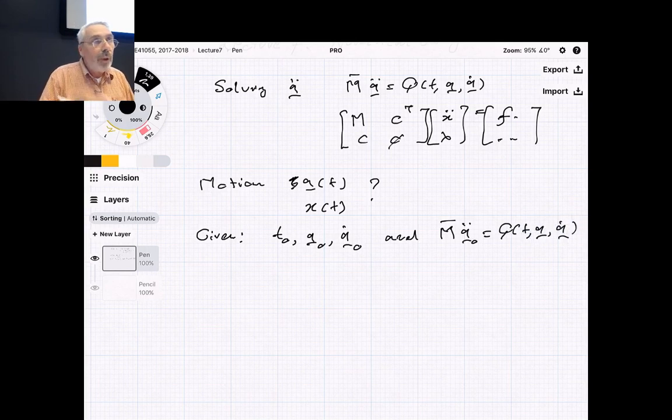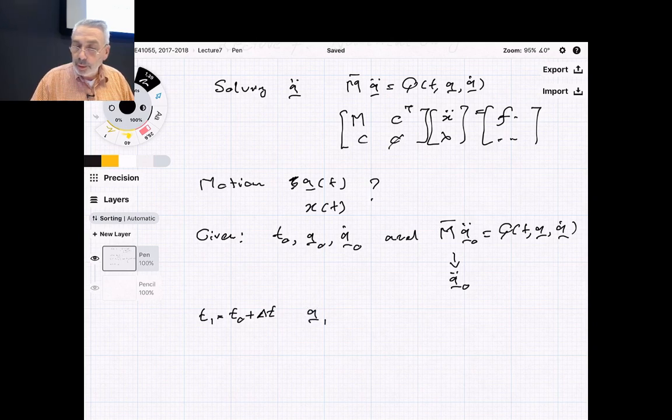So I actually also know what the accelerations are. And then the question is, at t1, which is a little bit further on, with a delta t further on, what are my positions, q1, and what are my speeds? That is the problem at hand. And if you can do this for one step, then you can do it for a number of steps.